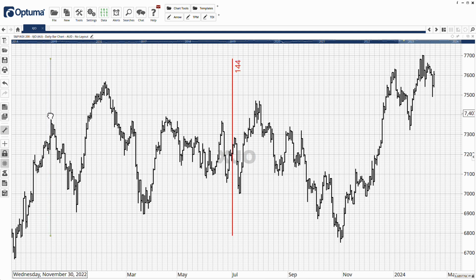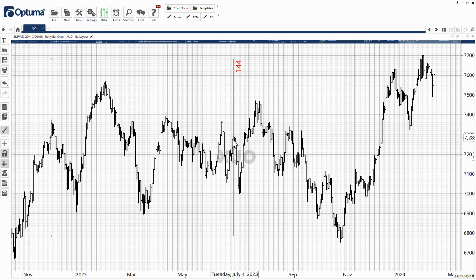So let's just line this up. You can see if I put that on this high here, December 1, 2023, 144 trading days later, I'd be watching the market for any kind of signal of exhaustion or potential change of direction.